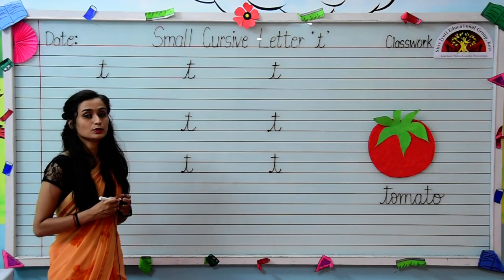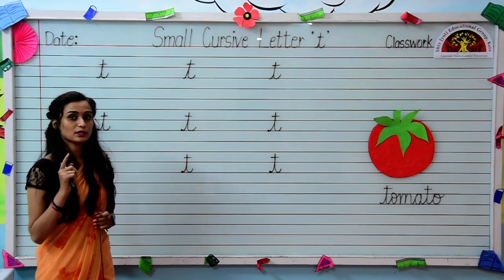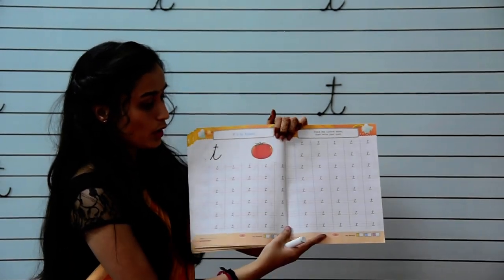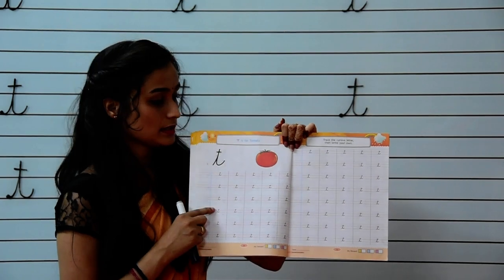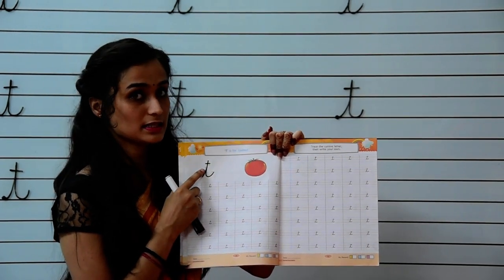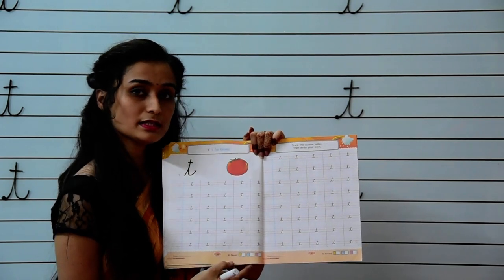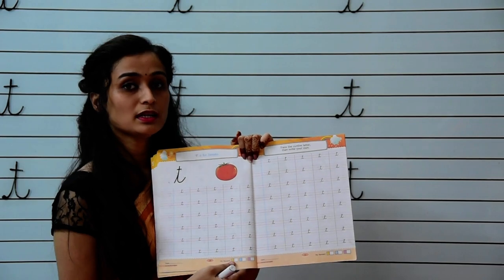This way you have to write your small cursive letter T in your preset book. On page number 26 you have to trace small cursive letter T, and on page number 27 you have to write on single dot. Write very neatly and very beautifully in your book.